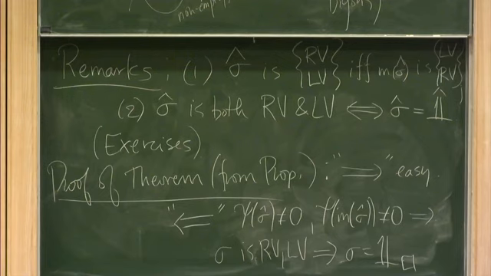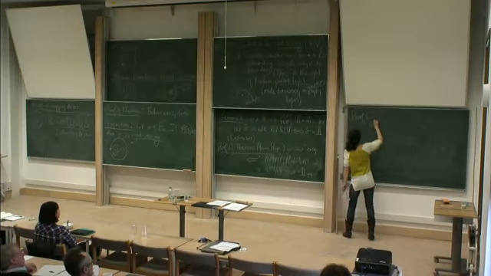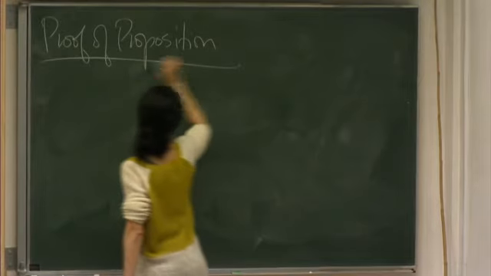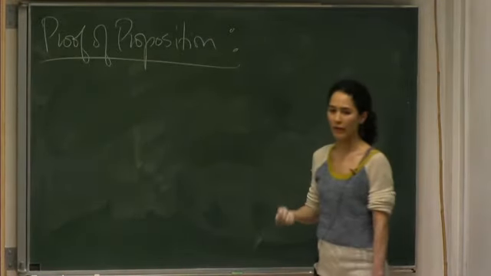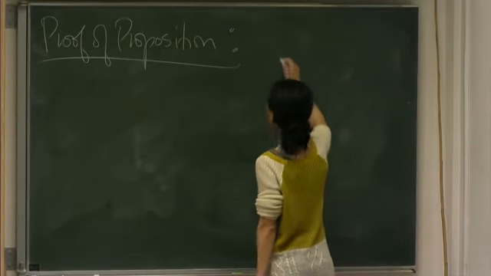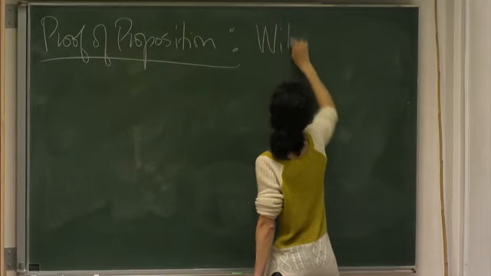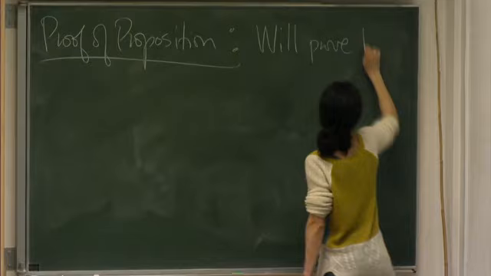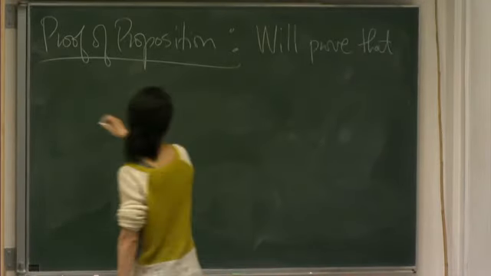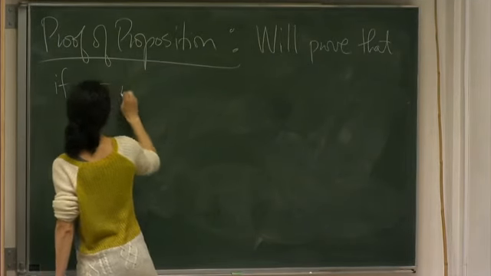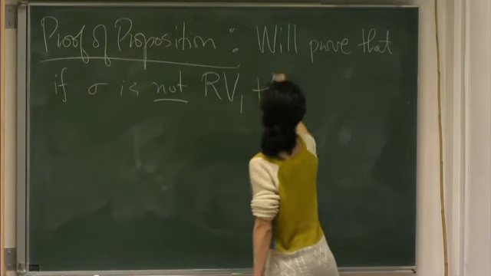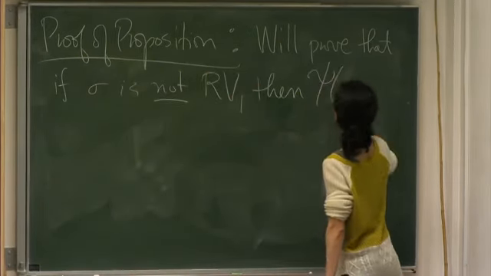So here's the proof of the proposition. And this is the point of contact with this right invariant order on the braid group. So what we'll really prove is the contrapositive of this proposition, that if sigma is not right varying, then Plamenevskaya's invariant has to vanish.